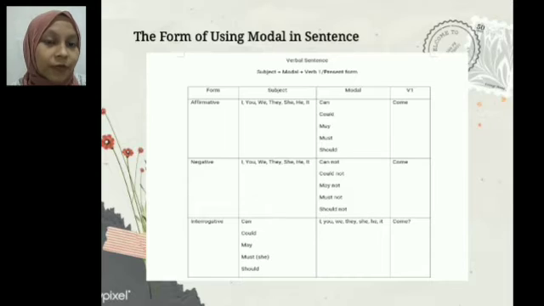The form negative, the subject is I, you, we, they, she, he, it, and we can add modal cannot, could not, might not, must not, and should not. And we can add verb 1. The example is come. The form interrogative, the modal is can, could, might, must, and should, then we add the subject I, you, we, they, she, he, it, and the verb is come.